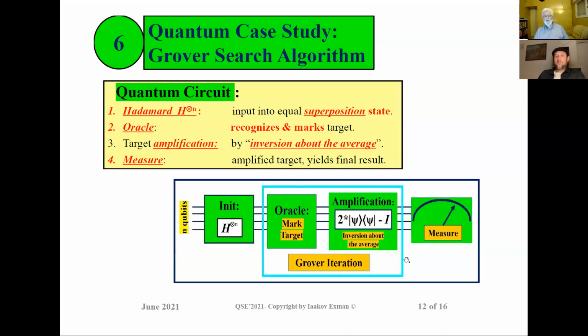The two structures, oracle and amplification, are together the Grover iteration.